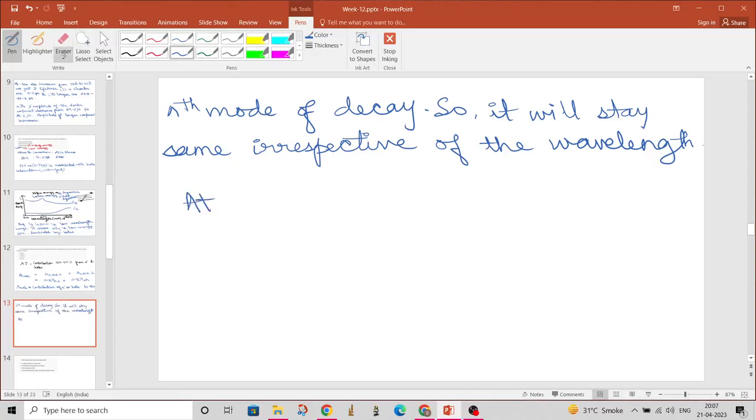So when this equation is solved, we get eta N e equals 0.5 A_N visible by A_N NIR.